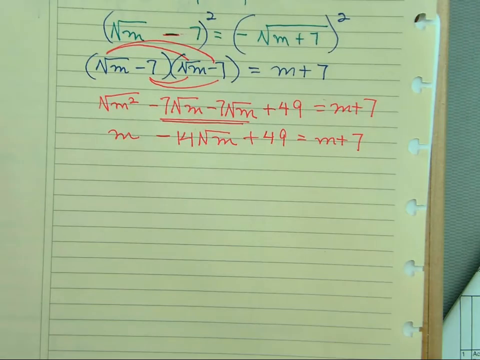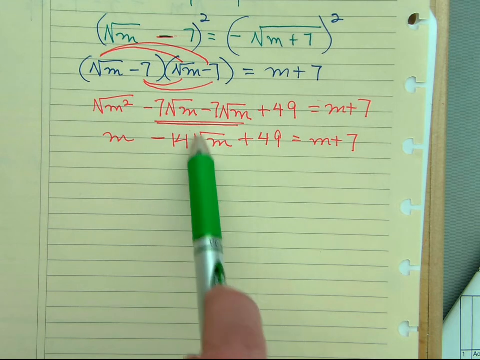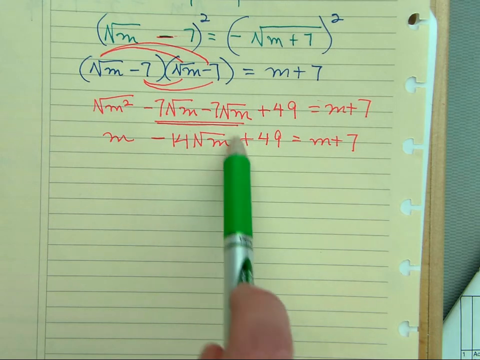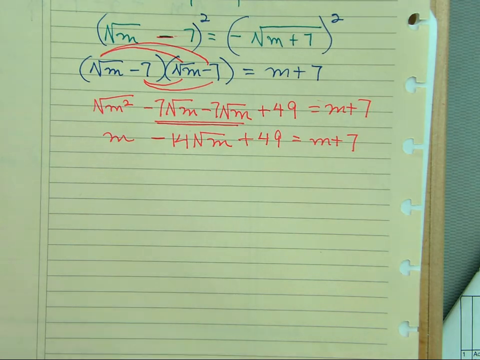What should I do to solve for m now? Now I have m all over the place, right? So what's our goal? Because I want to use that square, I want to isolate the square root of m, because I haven't cleared all of the radicals yet.